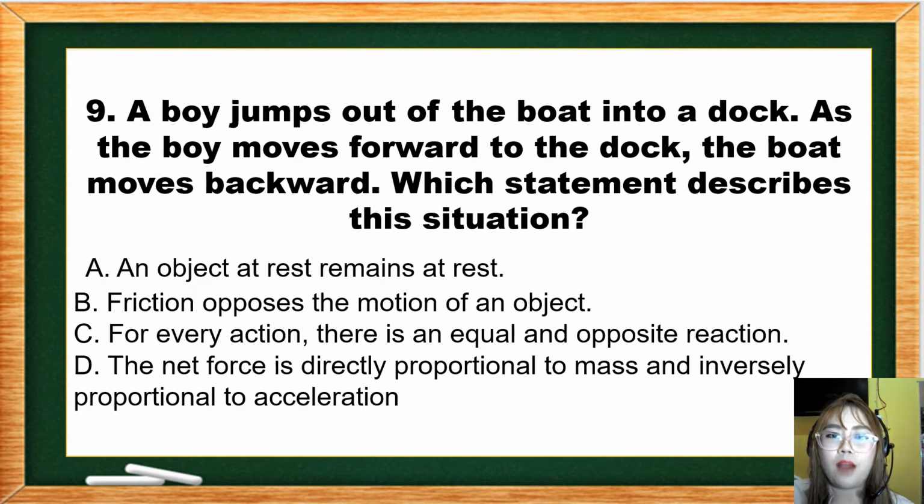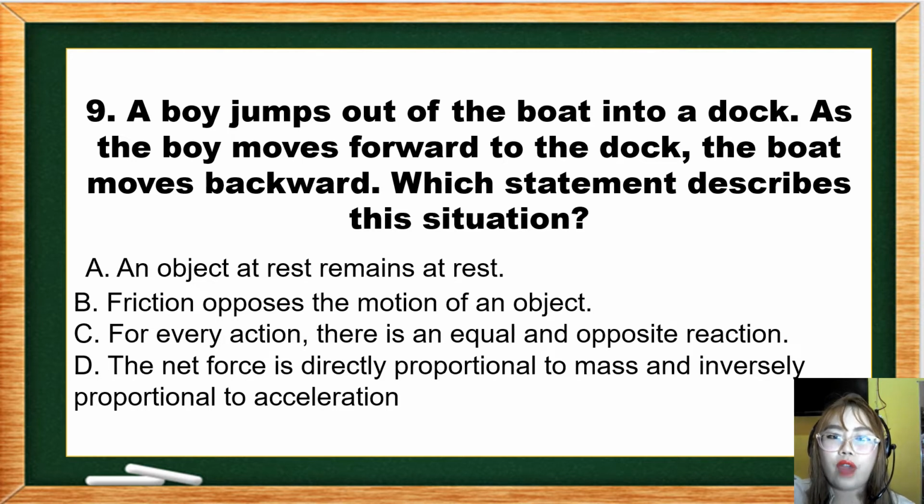Number 9. A boy jumps out of the boat into a dock. As the boy moves forward to the dock, the boat moves backward. Which statement describes this situation? A. An object at rest remains at rest. B. Friction opposes the motion of an object.